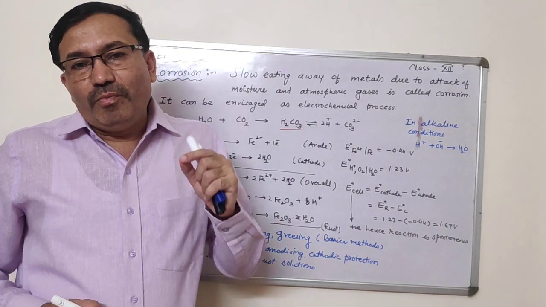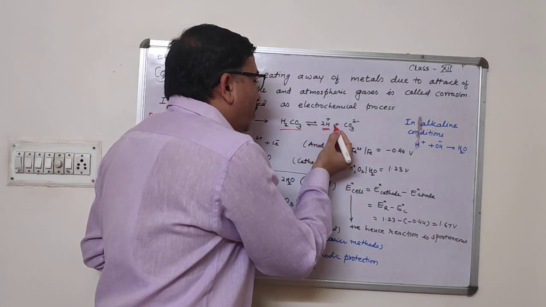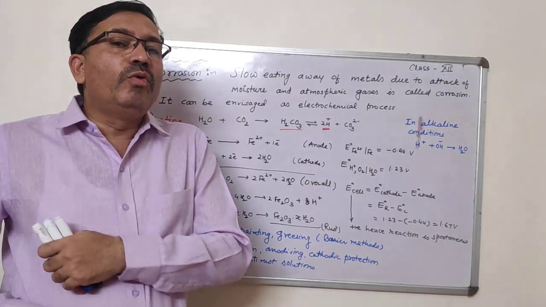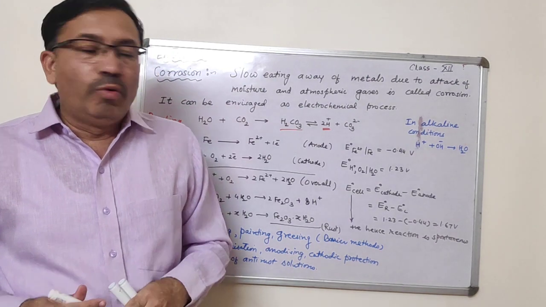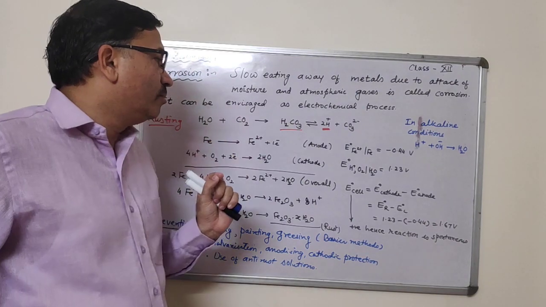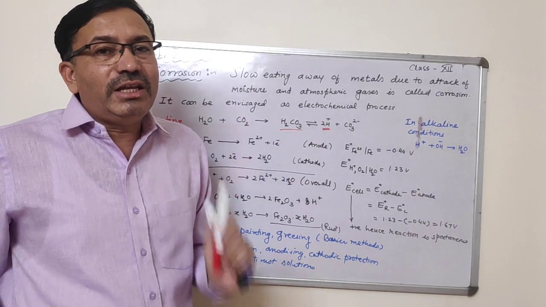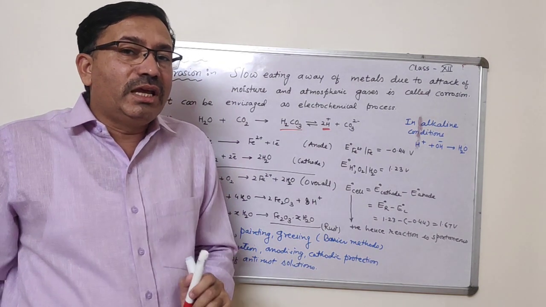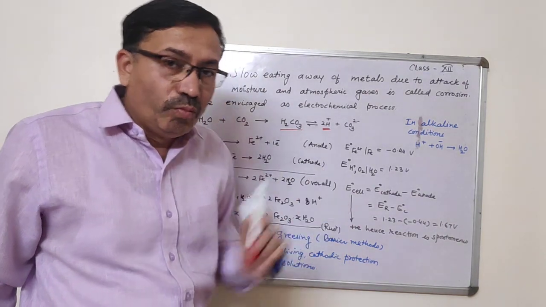So for initiation of rusting, we need H plus ions. In coastal areas, or where moisture content is more, this reaction is faster, so we have a higher concentration of H plus ions. That's why rusting is quicker in coastal belts and areas where humidity is high.